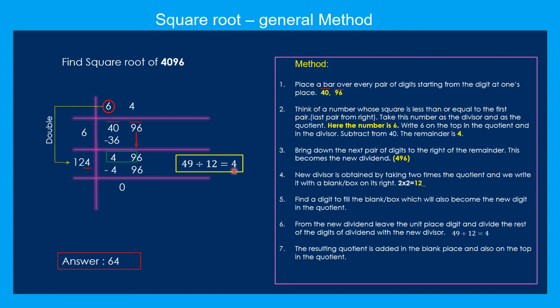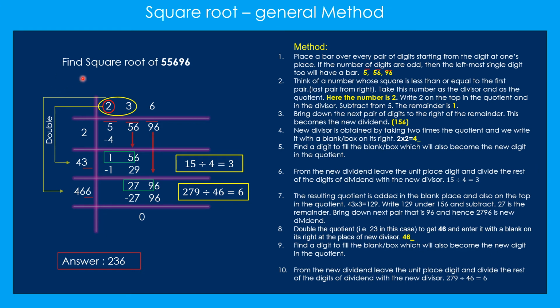That 4 is added to the blank space as well as on the top of the quotient. So what you do next is 124 times 4 is 496. You subtract and you get the remainder 0. So the square root of 4096 is 64.